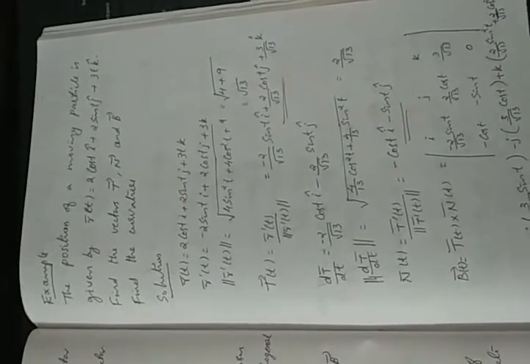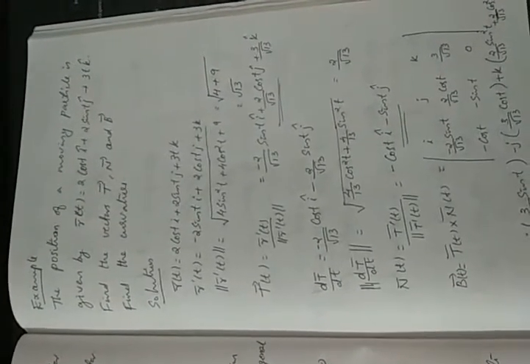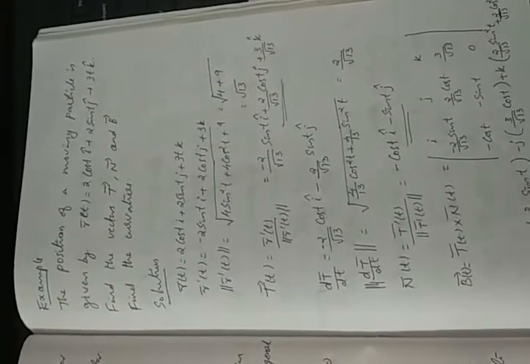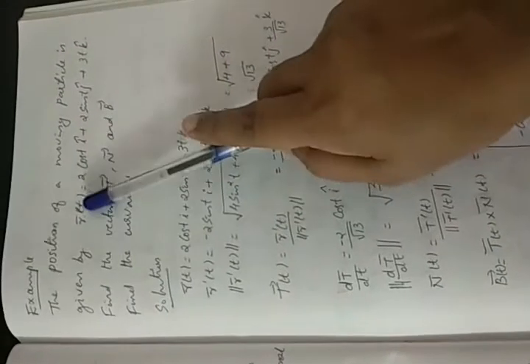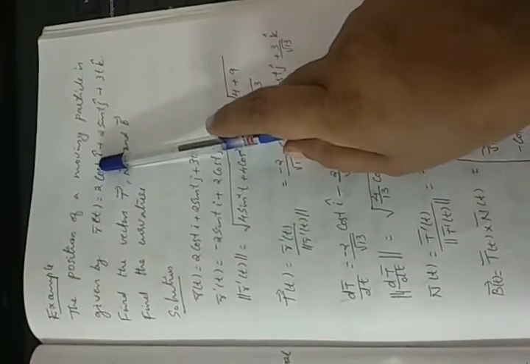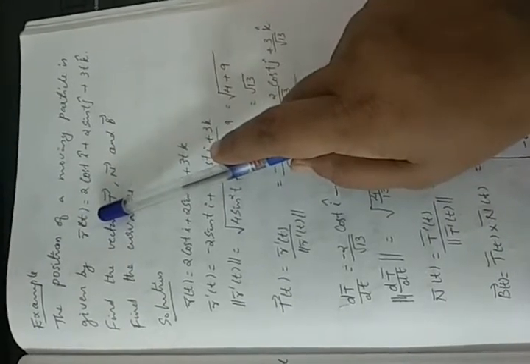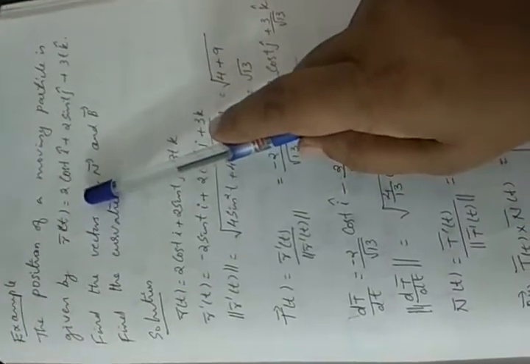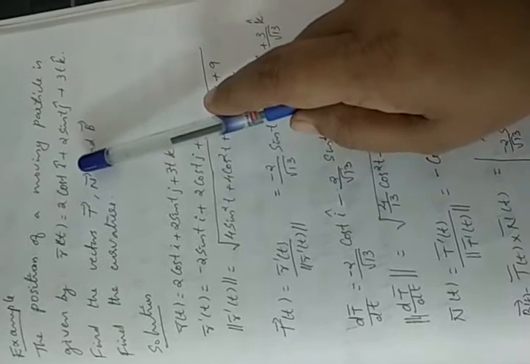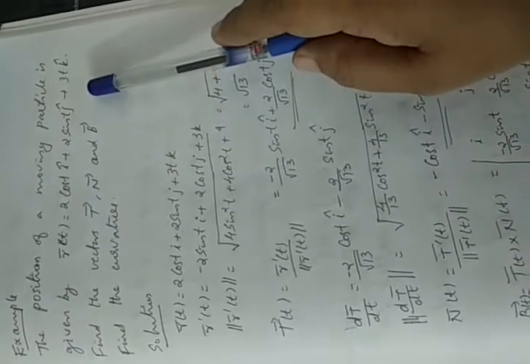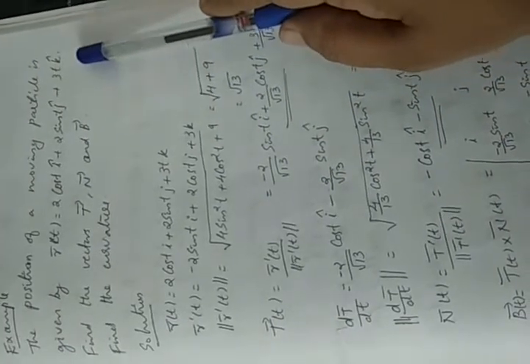Next, let us have an example to find the vectors T, N and B. We are given the position of a moving particle. It is described by the vector function r of t is equal to 2 cos t i plus 2 sin t j plus 3t k.